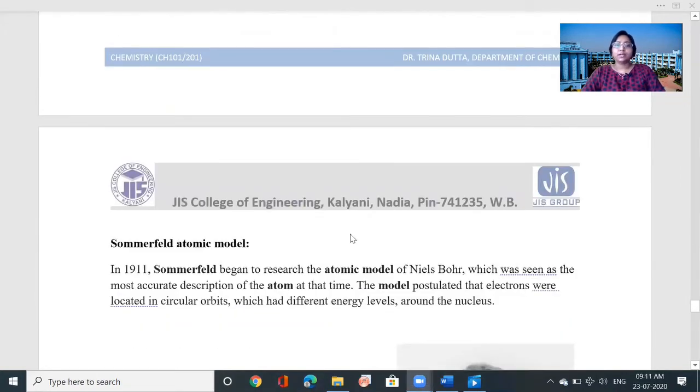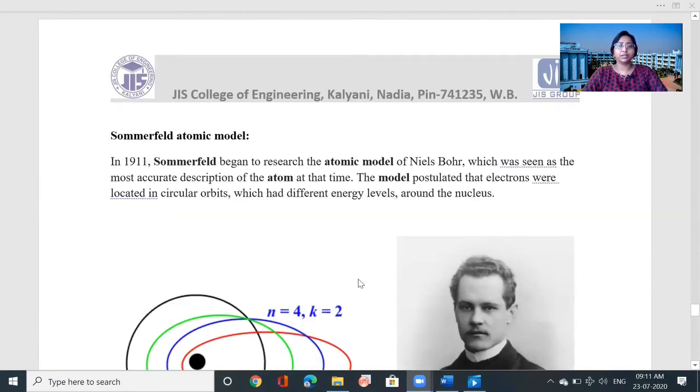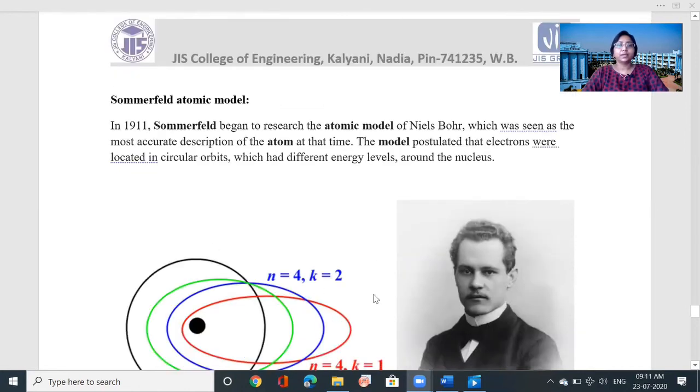Okay, so you understood. Now the Sommerfeld atomic model. In 1911, Sommerfeld began to research the atomic model of Niels Bohr, which was seen as the most accurate description of the atom at that time.